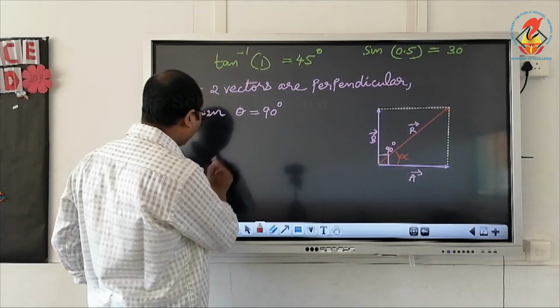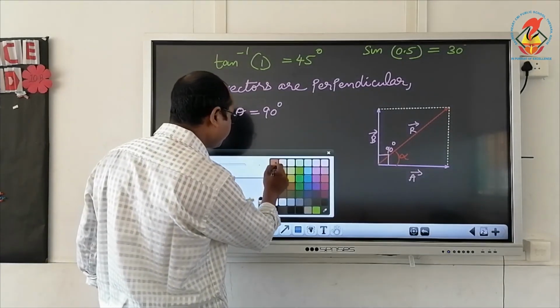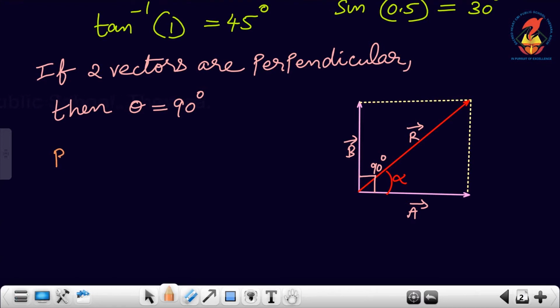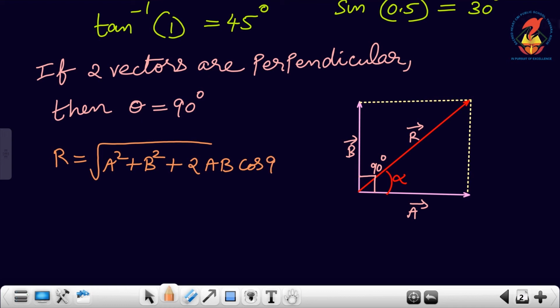So let us see how to find the resultant. How to find the resultant? Resultant is equal to root of A square plus B square plus 2AB cos 90. And do you know what is cos 90? Cos 90 is equal to 0.